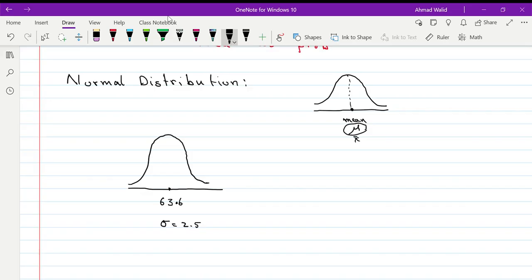I want to do the same thing and graph the average height for men, which is 69 inches. I want to graph it like this for men, correct? And the standard deviation for the men is, I think, 2.8 inches.